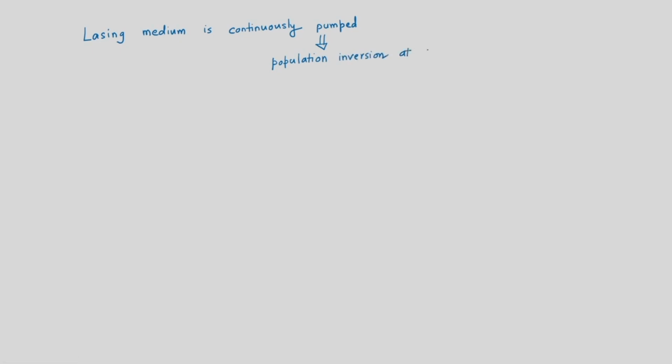This is very important here. We want the population inversion to be at the lasing wavelength only. Then and only then can we generate the required laser beam.